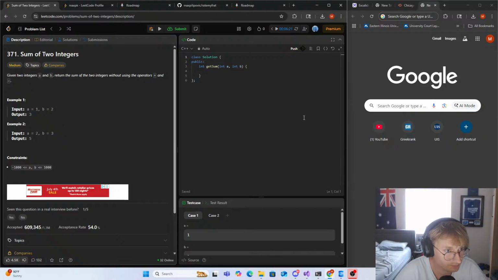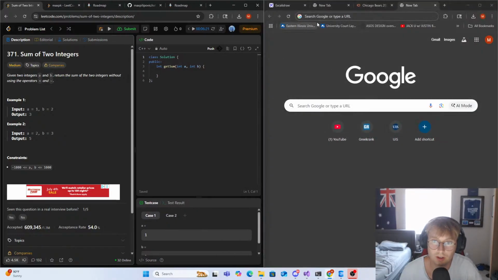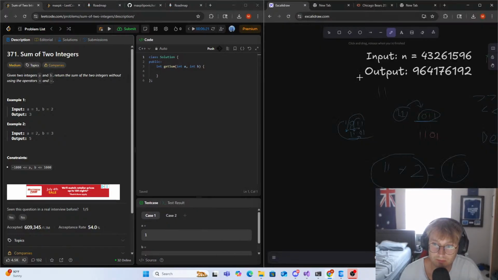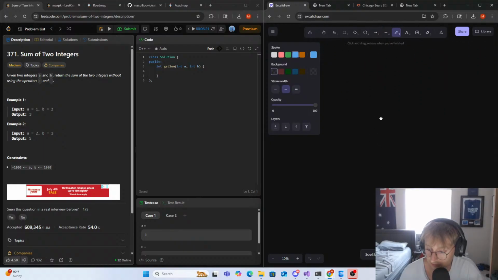Okay, so we're given A and B here, right? So let's think about this. We can pull this up on our screen. Given two integers A and B, return the sum of two integers without using plus and minus.